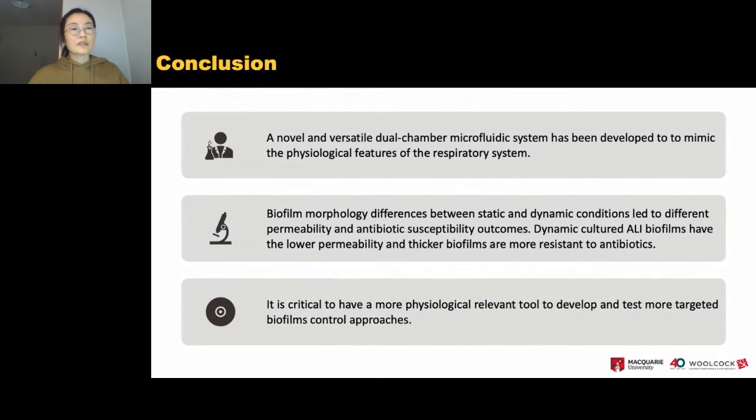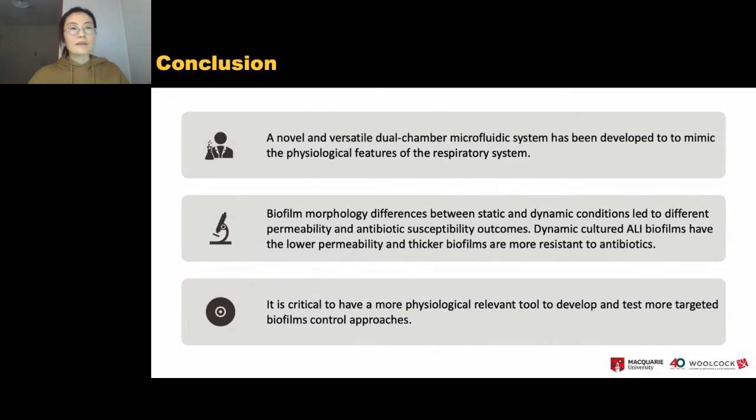In conclusion, our work presents a novel dual-chamber microfluidic system capable of establishing air-liquid interface and controlling both aero and hydrodynamic flow environments as an in vitro platform to mimic the physiological features of a respiratory system.